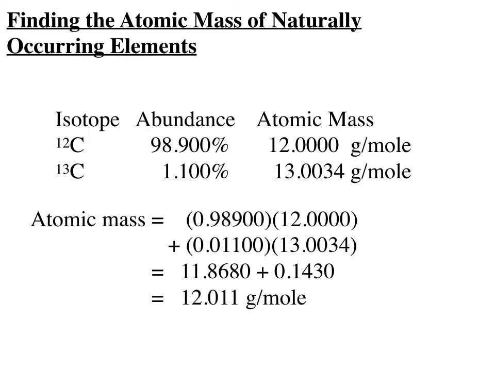That means dividing that abundance by 100, 0.98900 times 12 will be added to dividing 1.1 by 100, 0.011 times 13.0034. I get the numbers you see below, add those numbers together, and that gives me the molar mass of carbon that I would find in the periodic table. It's the averaged molar mass of all carbon atoms scooped out of the ground.